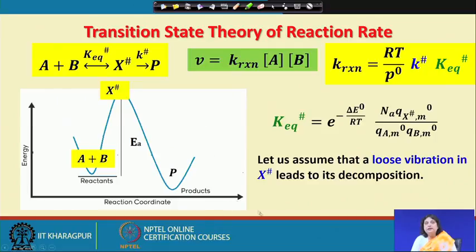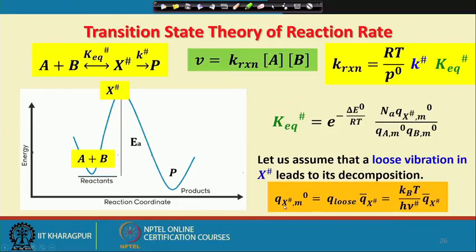If that happens, X dagger, which may be comprised of many atoms, has one vibrational mode that is loose, and that bond is broken as the system goes from the reactant to the product state across the transition state.